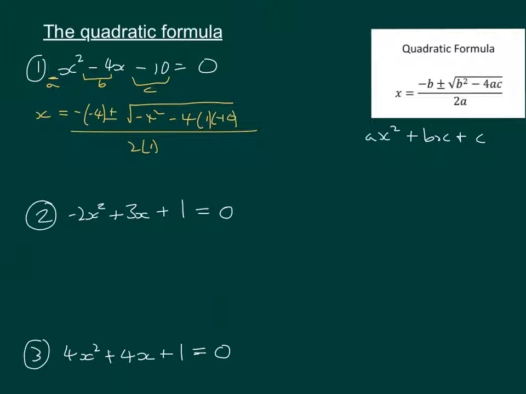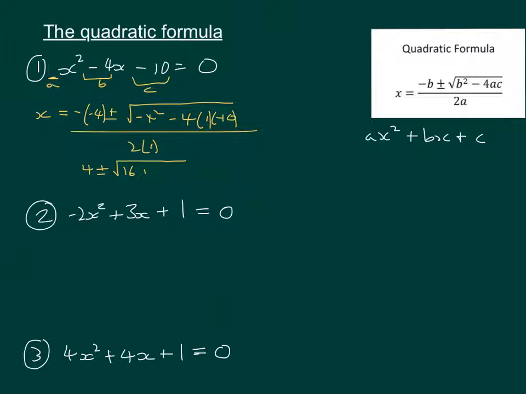So now if we work these out, we're going to have minus times minus up here. So minus times -4 is going to be +4. So we'll have 4 plus or minus square root of -4 squared is 16. And then we'll have -4 times 1 is -4. And then -4 times -10 is +40.